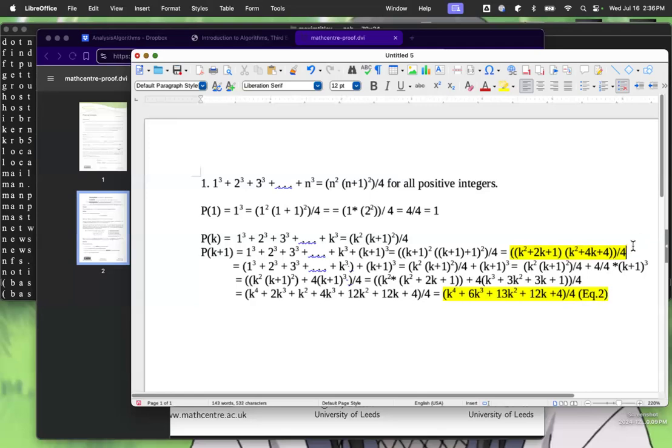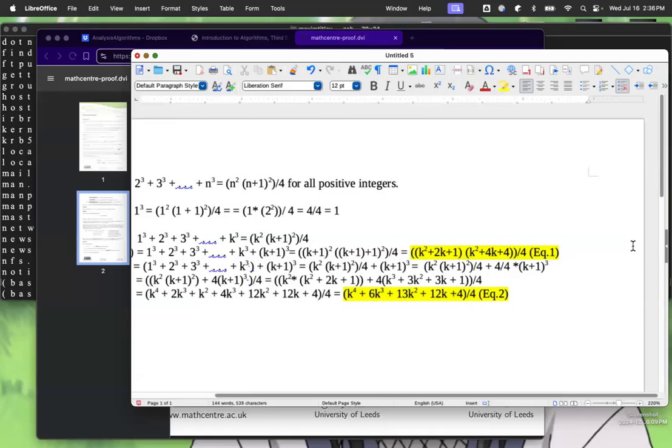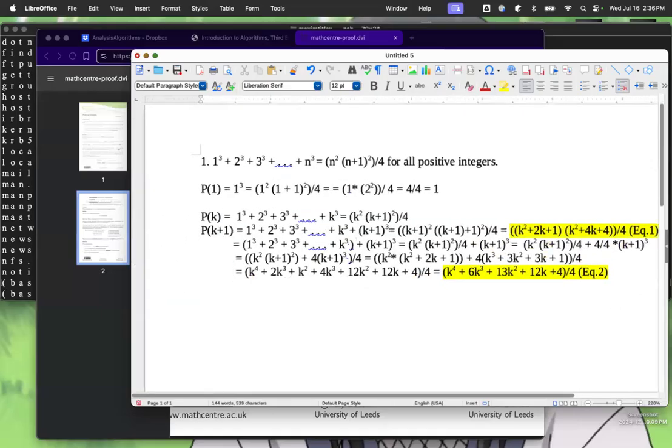And we'll call this guy equation 1, just like that. Okay. And now coming down here, I'm going to take equation 1, and I'm going to evaluate what equation 1 comes out to.